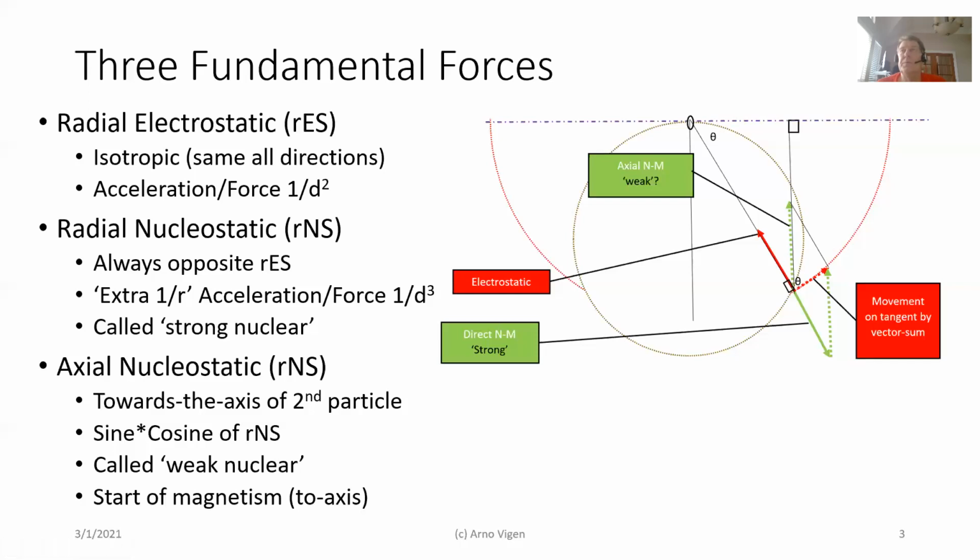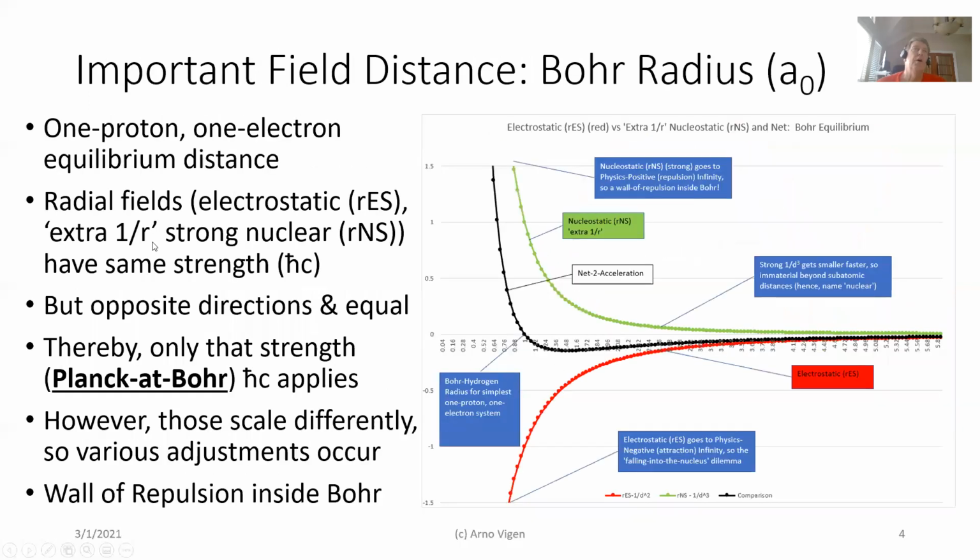Now let's see how this specifically applies to the electrons staying in a shell, which is mostly the offset of the red electrostatic versus the solid green radial nucleostatic. So for the one proton, one electron, equilibrium is at the Bohr radius with the symbol a sub 0.